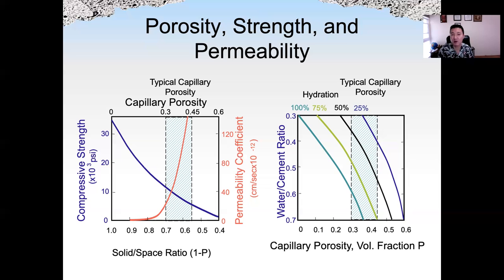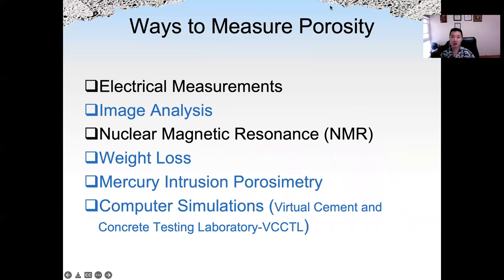So we know porosity is very important for performance, including the strength and also permeability. And permeability is the most important parameter controlling durability of concrete. Okay. So porosity obviously is very, very important. Here shows how we can measure porosity. We can measure the electrical resistance.